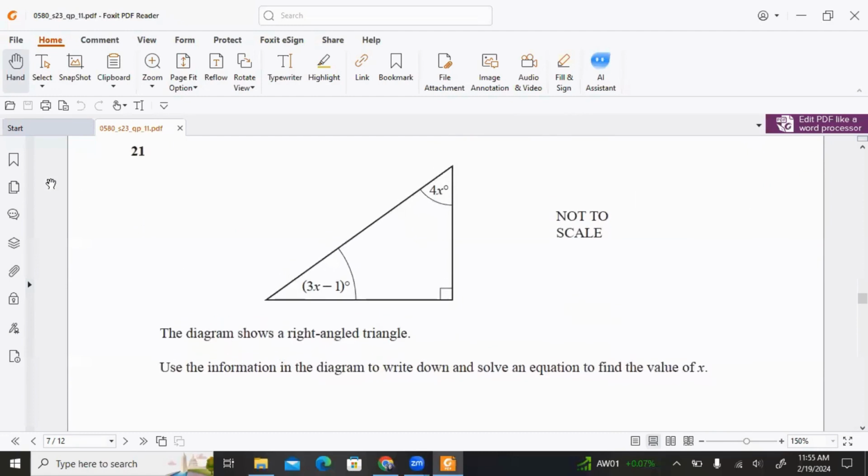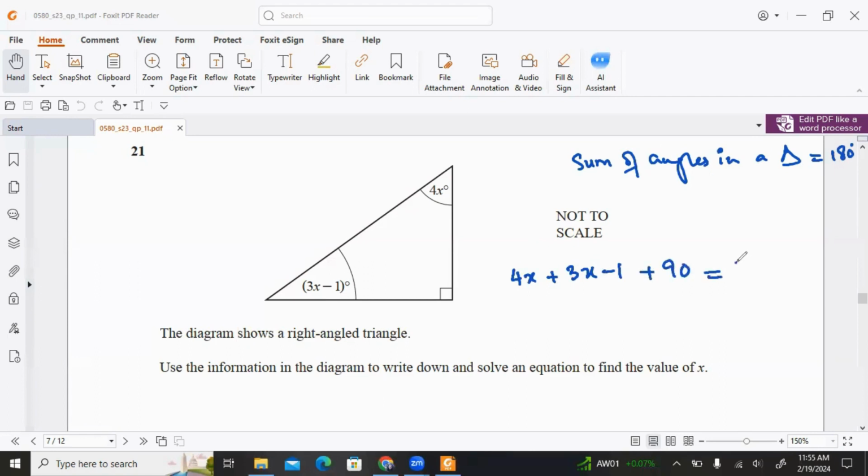Question 21 is asking us to find the value of x. For this, you need to remember that the sum of angles in a triangle equals 180, any triangle, which means 4x plus 3x minus 1 plus 90 degrees is equal to 180. This represents a right angle triangle.